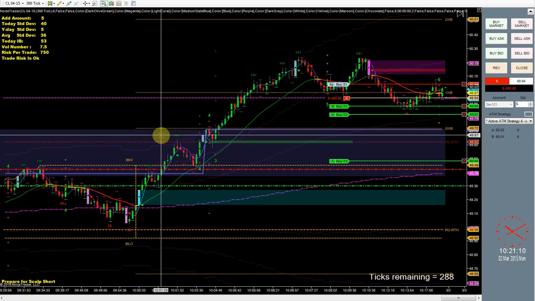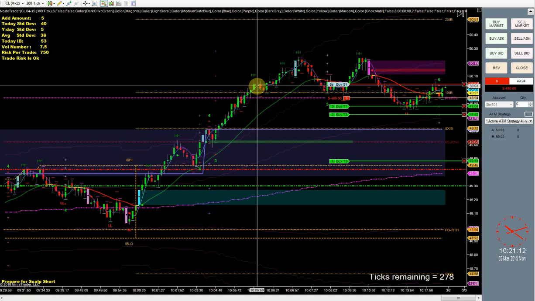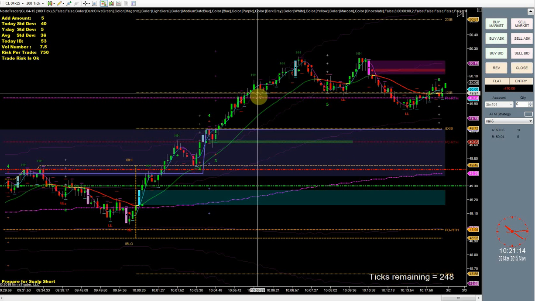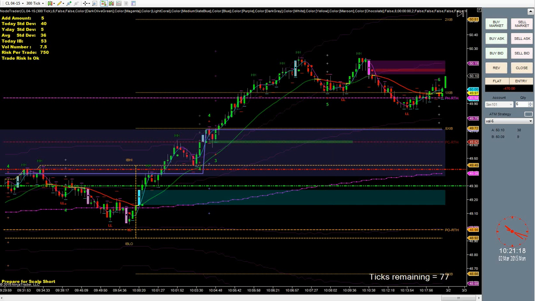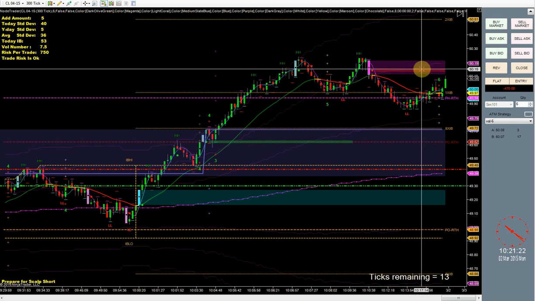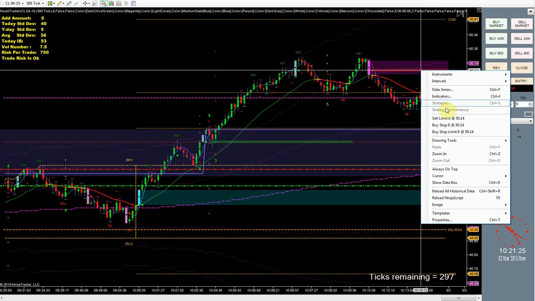Hopefully the market will give us a little bit of a reverse. Stop filled. Didn't get the reverse we were looking for. But let's see if we can get up here. Selling a limit. Order pending.